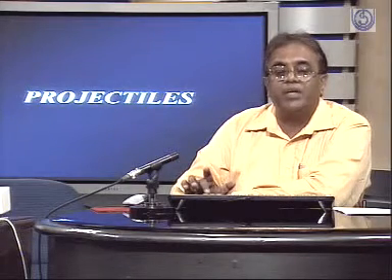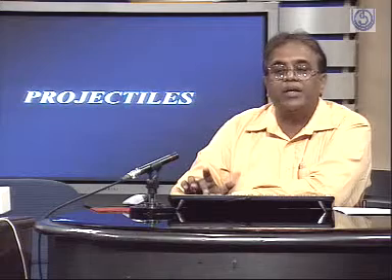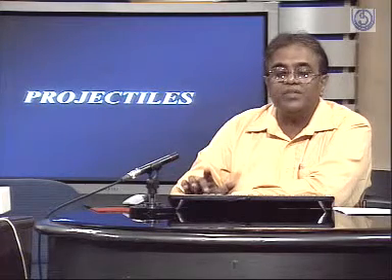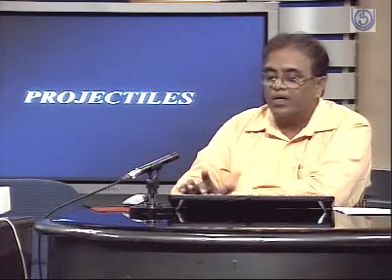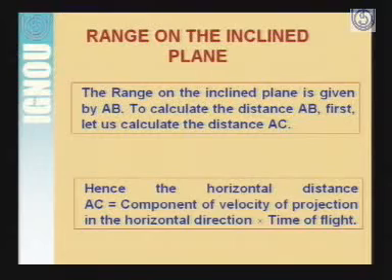Now let us try to calculate the range on the inclined plane. The range on the inclined plane is given by AB. To calculate the distance AB, first let us calculate AC, the horizontal distance, which is the horizontal component of the velocity of projection multiplied by the time of flight.